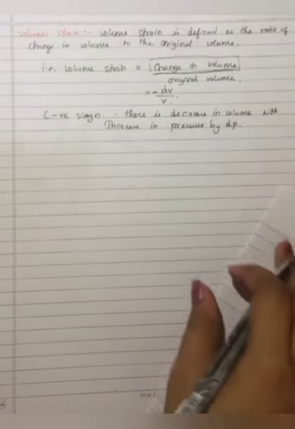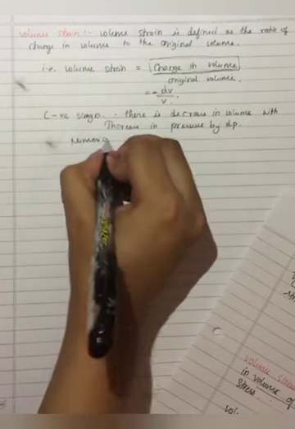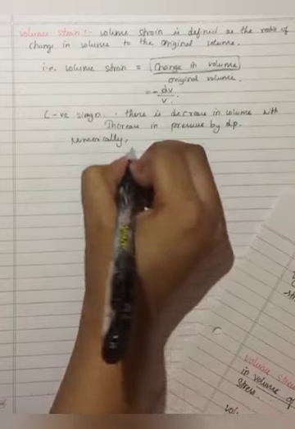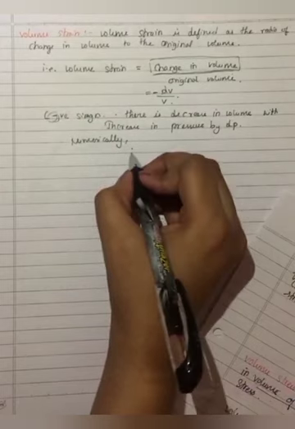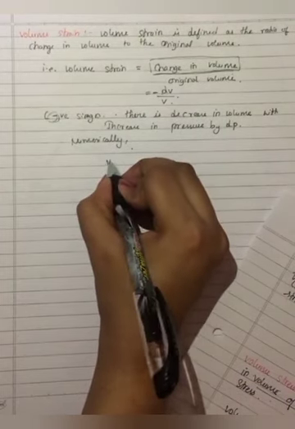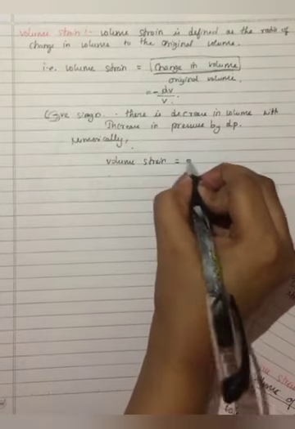But for numerical purpose, we should not use this negative sign. So numerically we say that volume strain is equal to dV upon V.